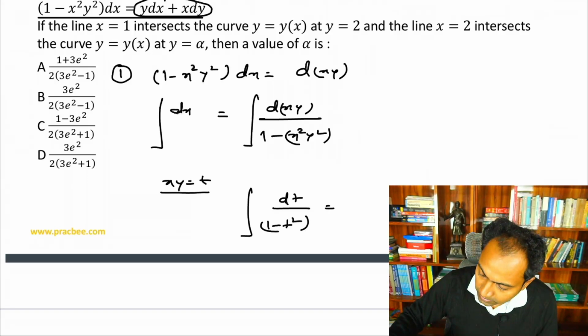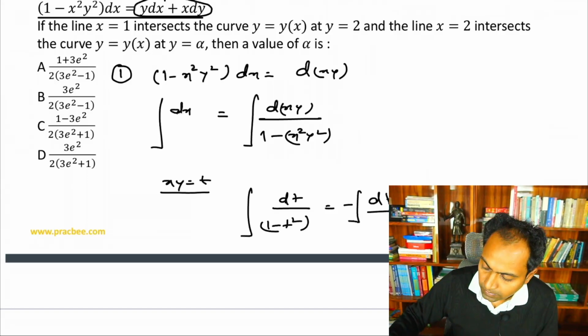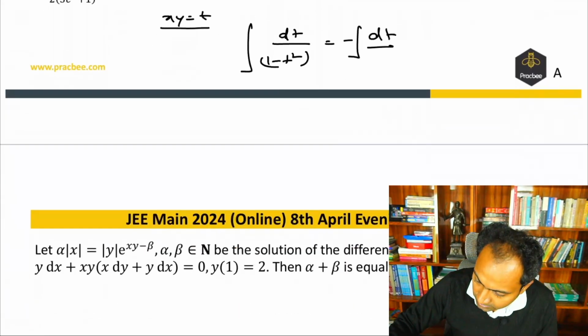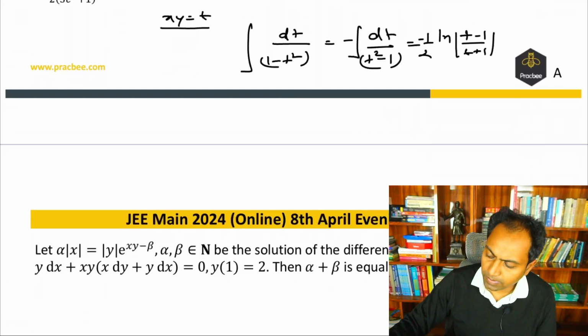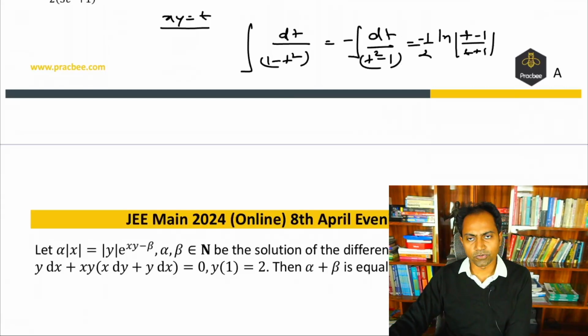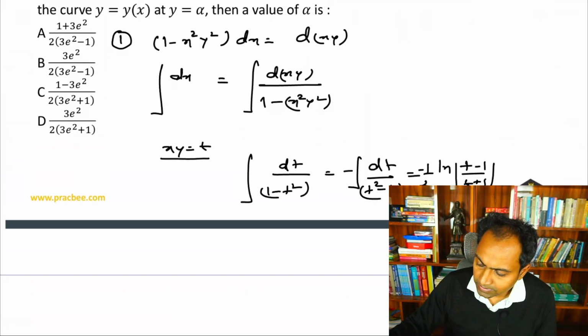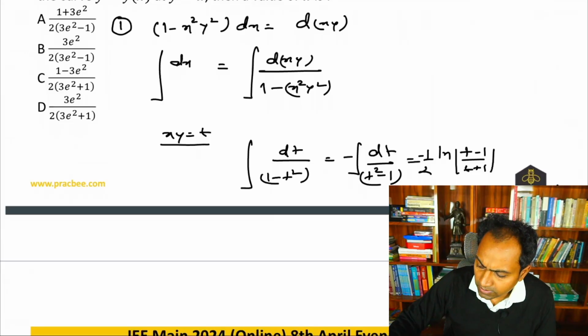So this will become nothing but, and I would take minus sign common, and this can be written as t square minus 1, which in turn will become 1 by 2a ln of t minus 1 by t plus 1. Or if you remember the other formula 1 minus t square, that also works. There is no issue. What I am saying is, instead of doing all this, we could have done it in the first step only.